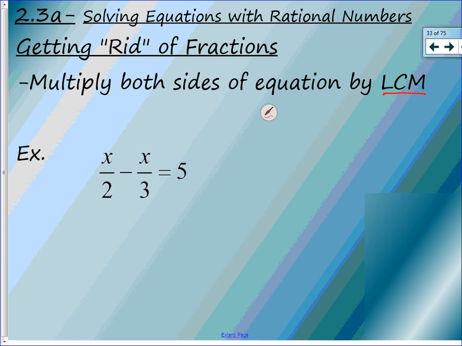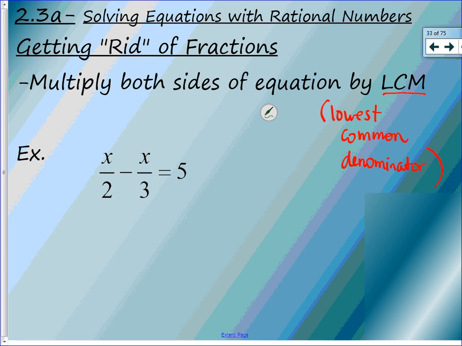Now the least common multiple is also the lowest common denominator, so that's another way to think about it. So it is also that.